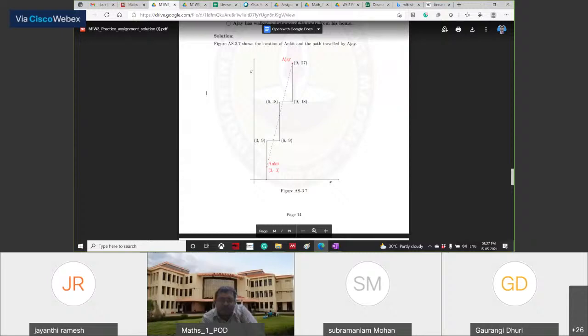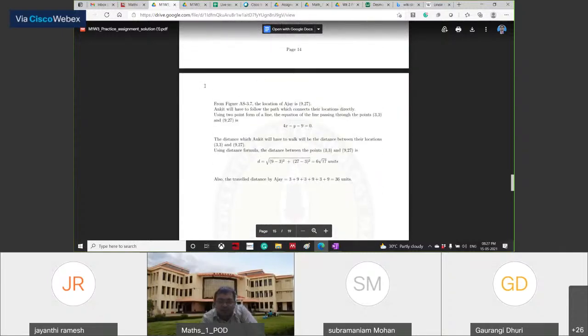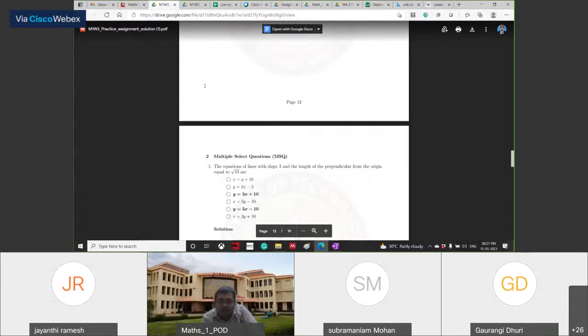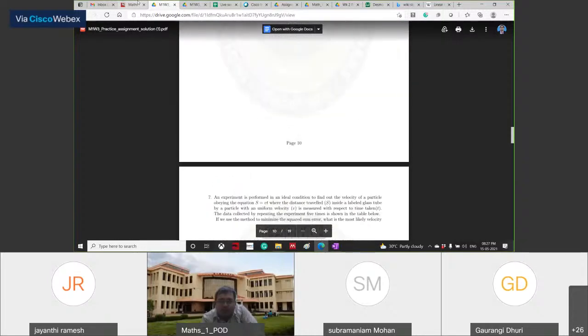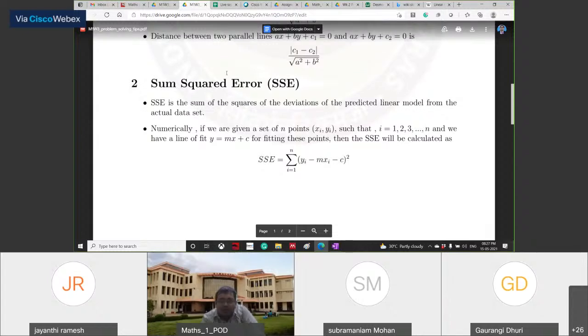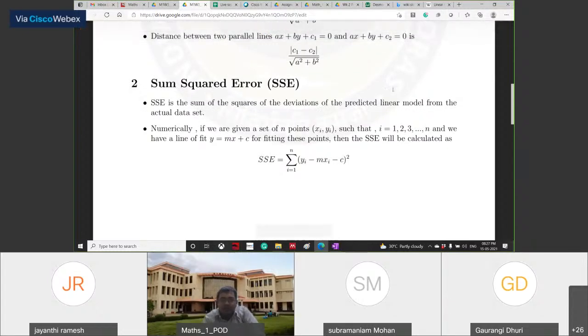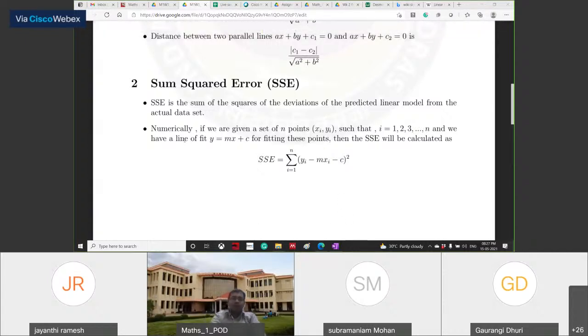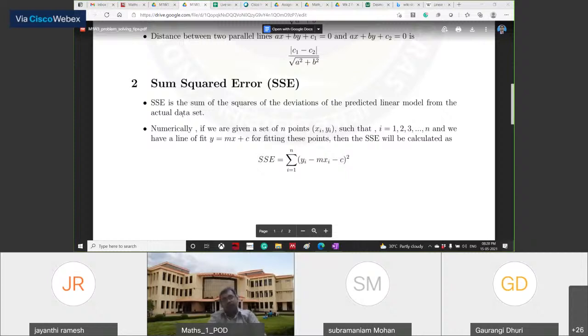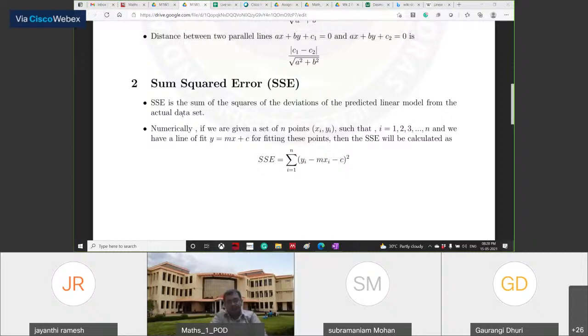The formula is given to you. SSE is the sum of squares of the deviations of this linear model, the straight line model, from the actual data set. Whatever data set you get experimentally, these are the deviations from your fitting line.